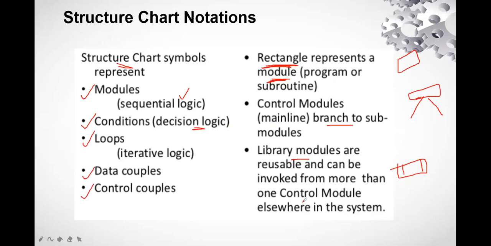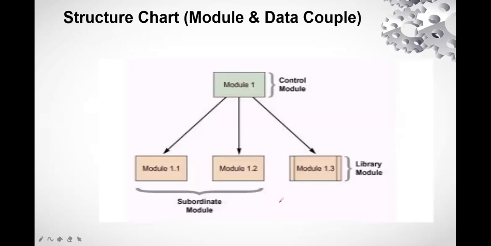Now let's see how the structure charts are designed. Here we are going to show you how modules work. This is the specific module, and this module is further divided into 3 modules: module 1.1, module 1.2 and module 1.3. Now, this module is called the control module.